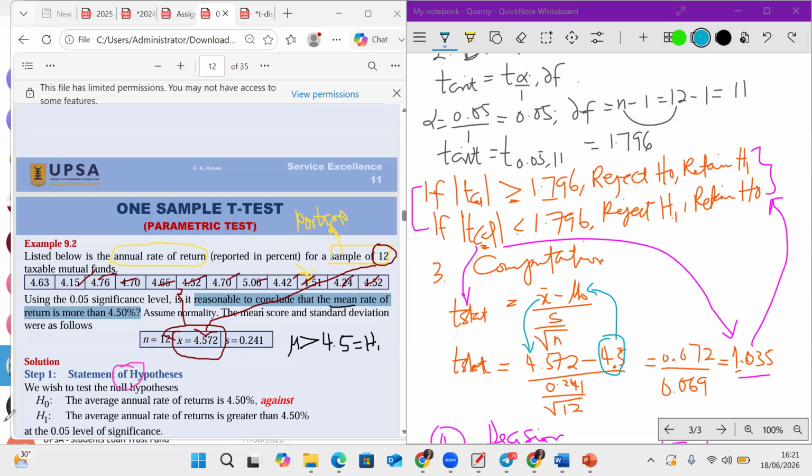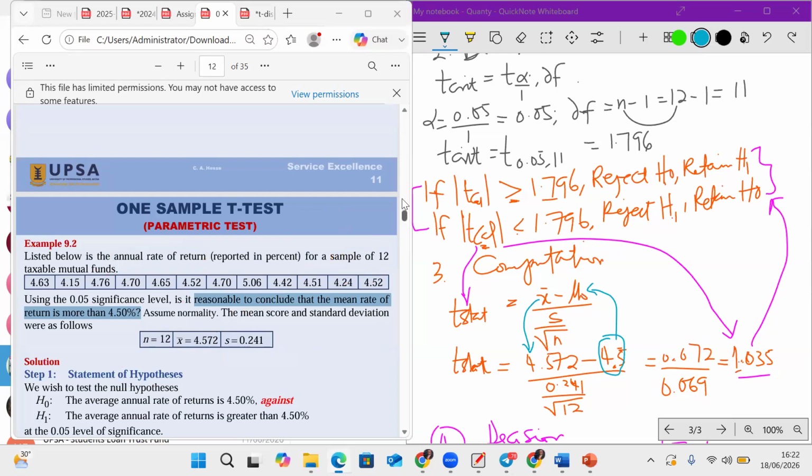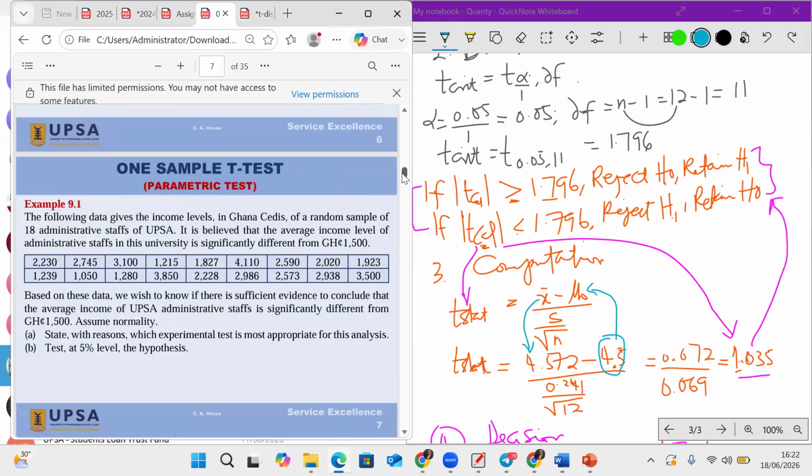So that's how they got the values here. Yesterday, the one we solved, let's look at something here. It says the average income level of university staff is significantly different from, meaning it's not exactly 1,500.